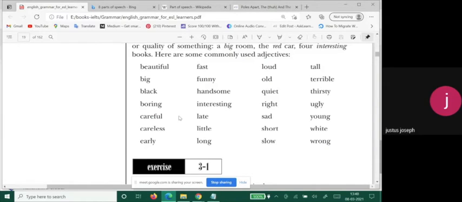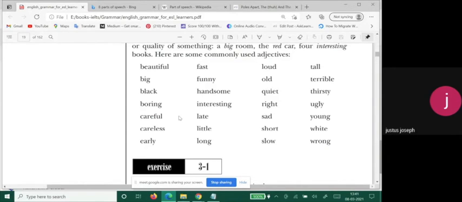Careful. Jaren, why don't you add something? The careful drive. What does a doctor do?